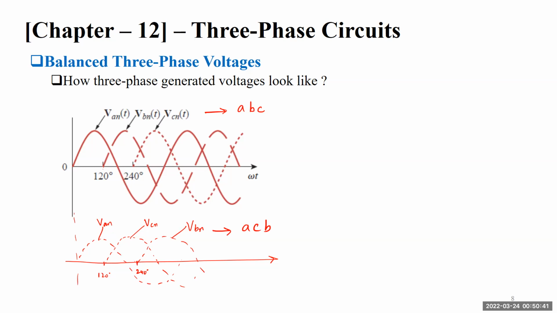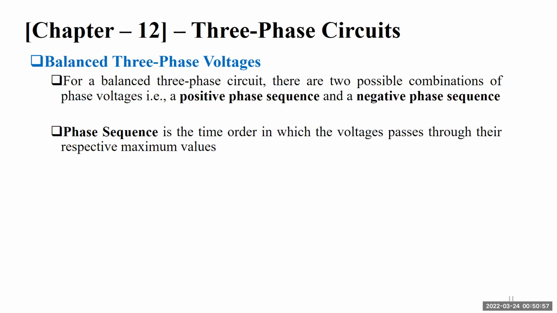They are called phase sequences. If A comes first, then B, and then C, it is a positive sequence. If A comes first, then C, and then B, we have a negative phase sequence. Phase sequence is the time order in which the voltages pass through their respective maximum values.